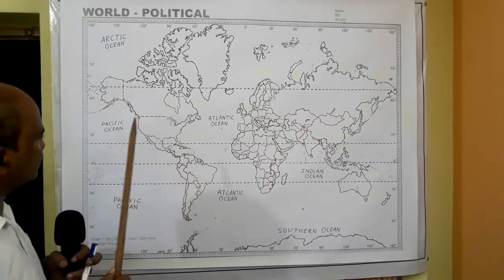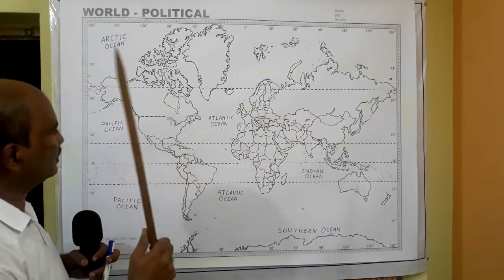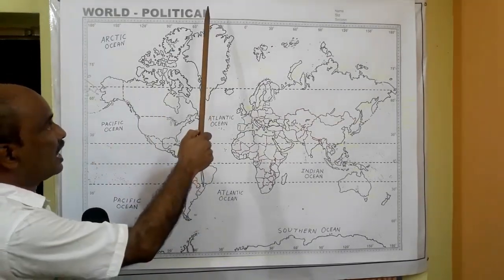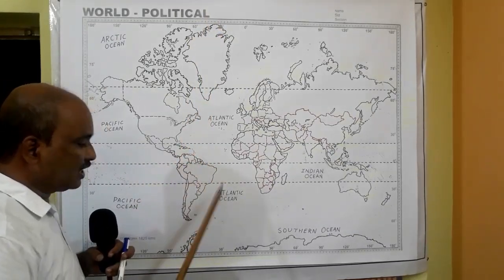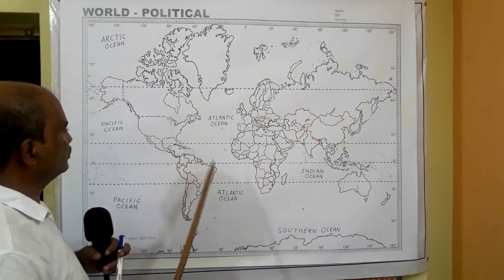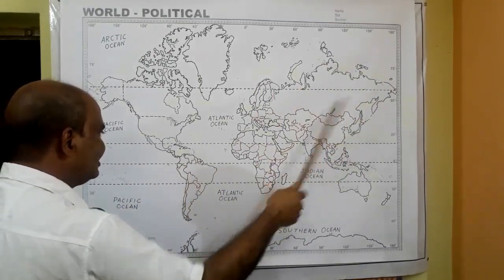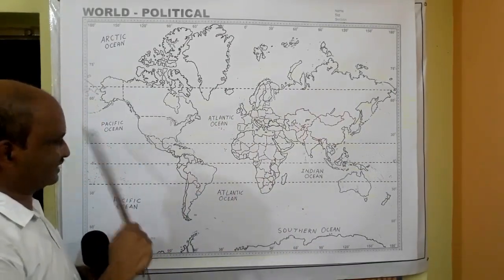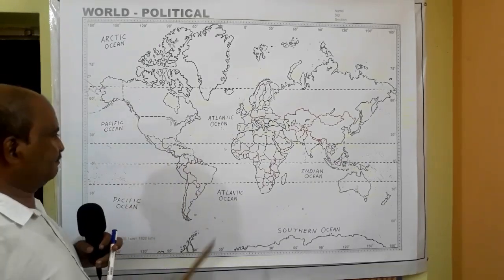First of all, let me make it clear that whenever I am facing the world map, towards up is north, towards down is south, towards my right is east, and towards my left is west. So you have to be always sure of this.